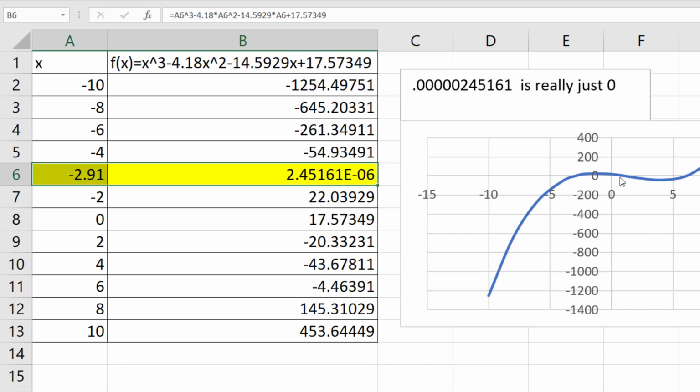Next, noticing on the graph that there seems to be an x-intercept at around x is 1, I look in my table at approximately that area. And I see, yes, indeed, the y values change from positive to y being negative, somewhere between x is 0 and x is 2. So I'm going to put my cursor about here, which is near the point where the y value is 0.